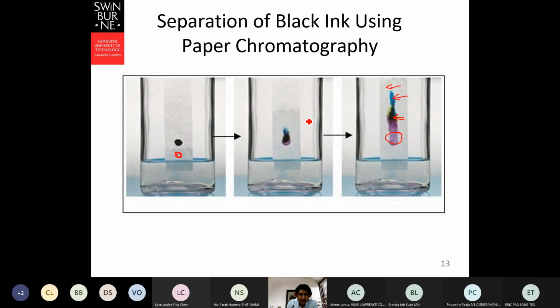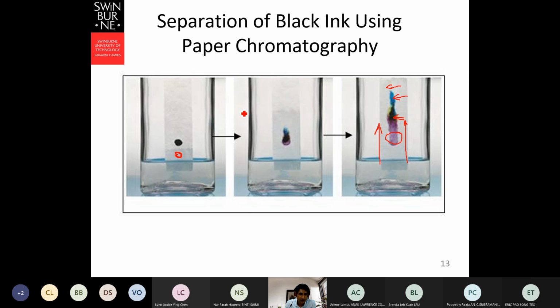Maybe it was a different ink than the one we used here, or maybe we have to provide longer time so that more liquid passes through and carries this ink upward, right?